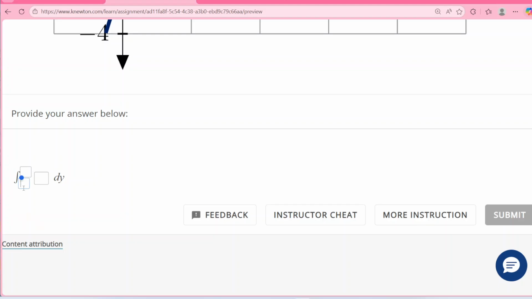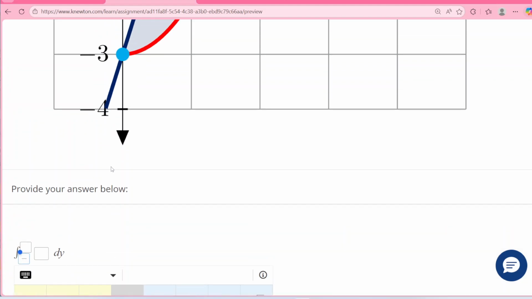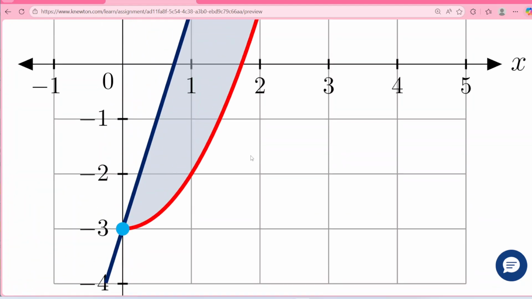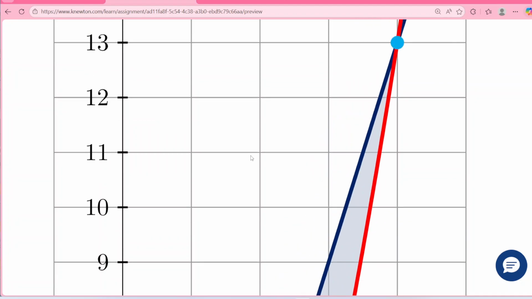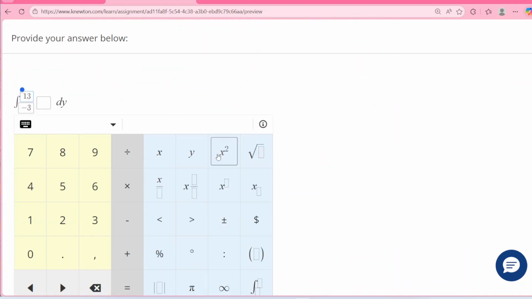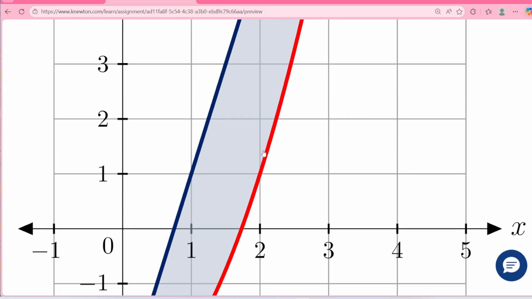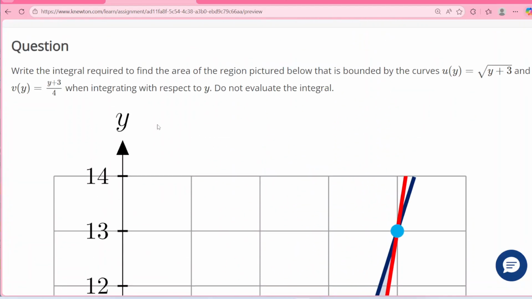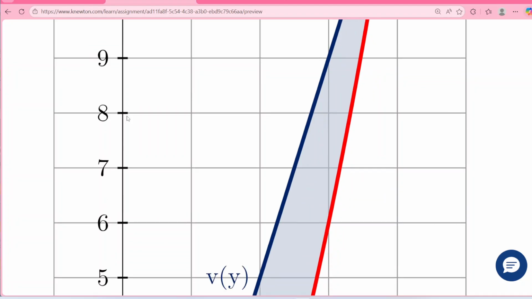So I'll fill all that stuff in. Again, from negative 3 on the lower limit up to positive 13 for the upper limit. And then the integrand, that square root of y plus 3 was the x coordinate on the right curve, then minus this quantity, the x coordinate on the left curve, which was y plus 3 over 4, the v function.